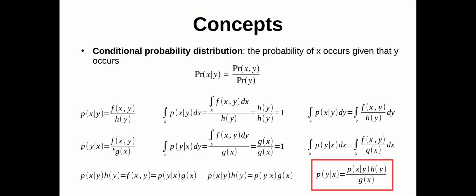And this is x conditional on y. But we can switch the roles of x and y and use y conditional on x. Then the definition of y conditional on x is f(x,y), the joint probability, divided by g(x), the marginal of x. If we integrate over y, we get exactly 1.